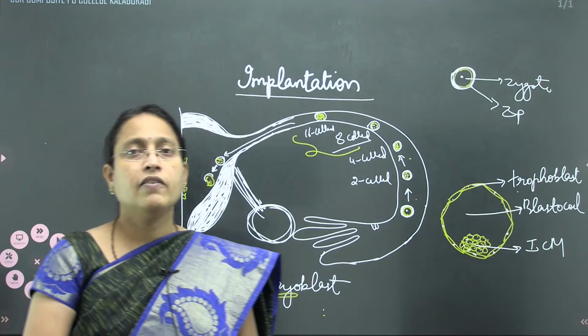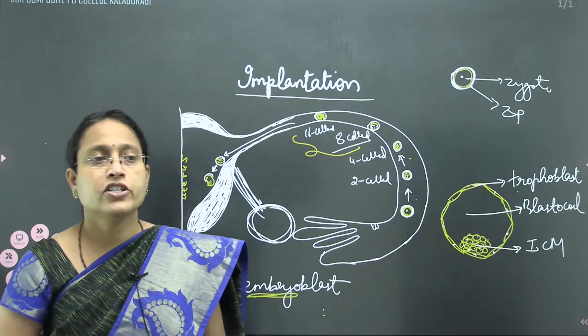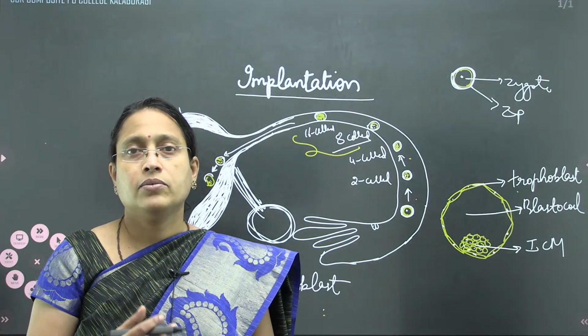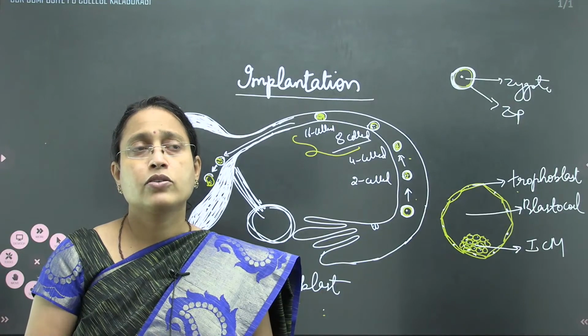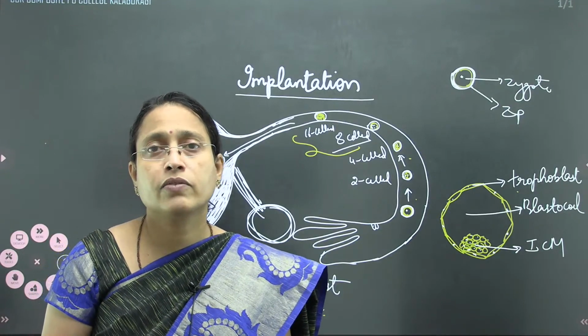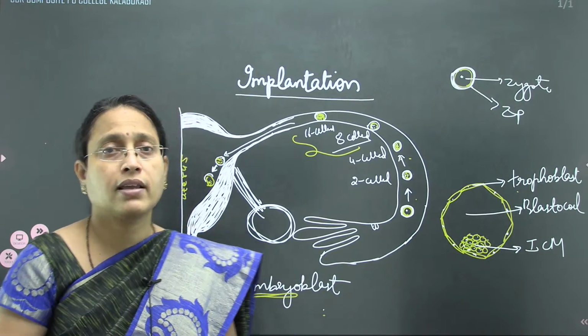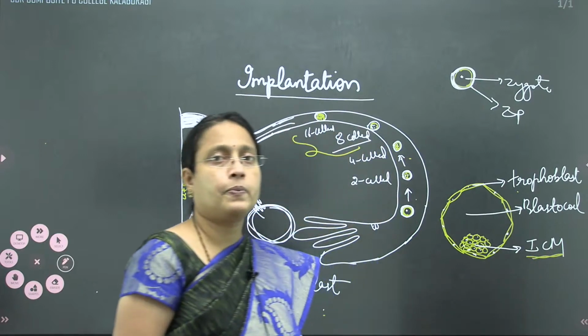That means different parts of the body. These cells will undergo cell division and cell differentiation, and then give rise to different organs and tissues of the body. So whatever the body parts are, they are developed from the ICM.